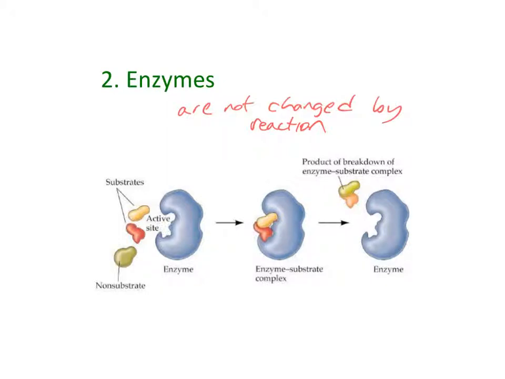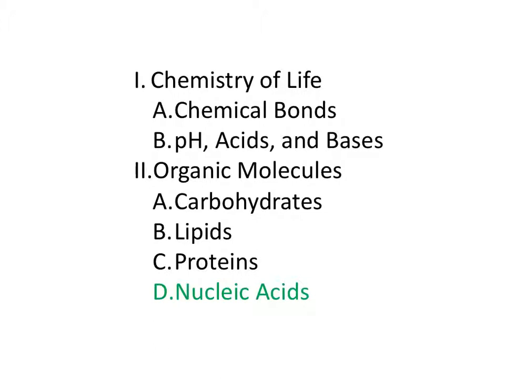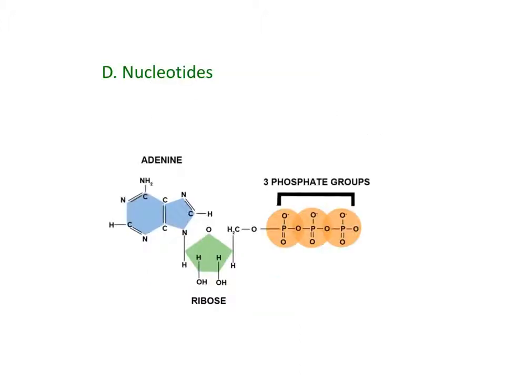Okay, last category is nucleic acids. So nucleic acids are single or double carbon nitrogen rings. So that's what we have here.